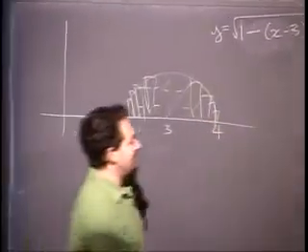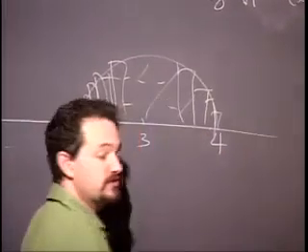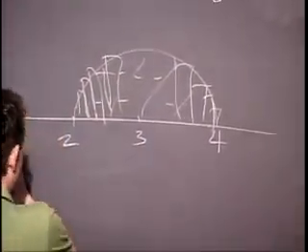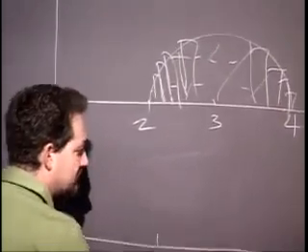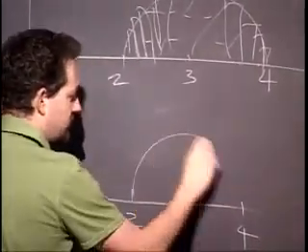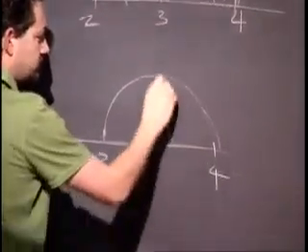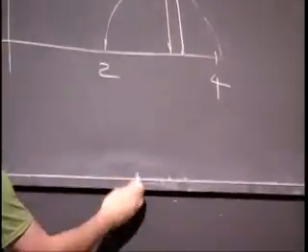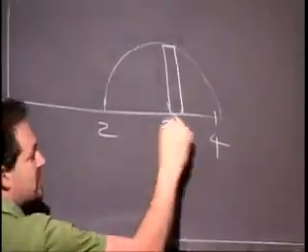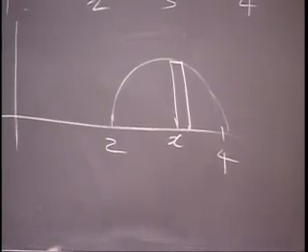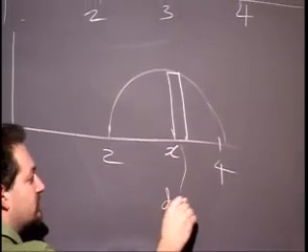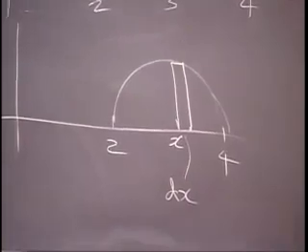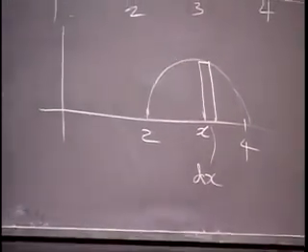The way I'd like you to think of that is to focus on one generic strip. I don't have any particular strip in mind, so I'm just going to pick one. What do I know about the strip? It's at position x. Its width I'm going to call dx. Technically, dx doesn't really exist. We've seen it as differentials, but let's just play with it.